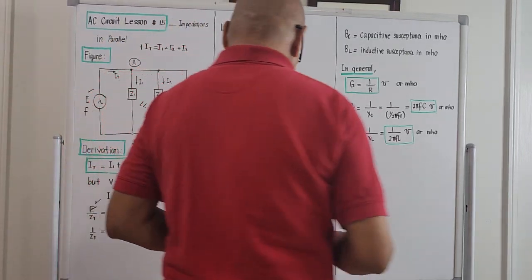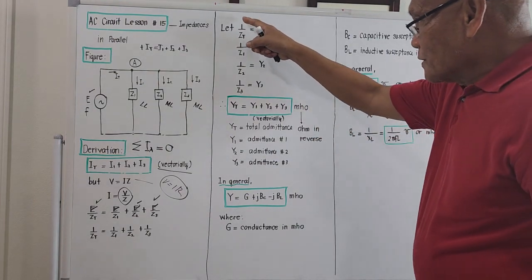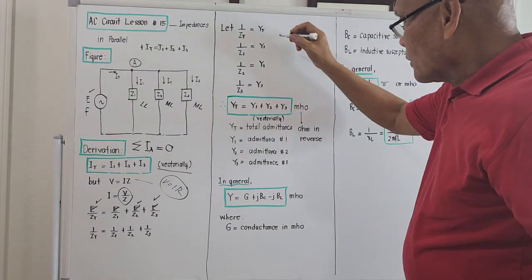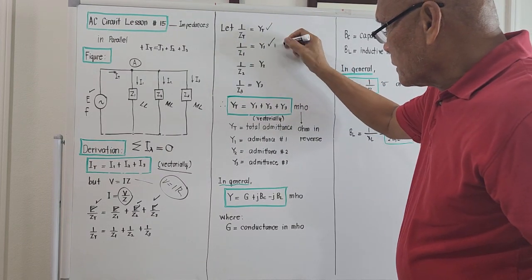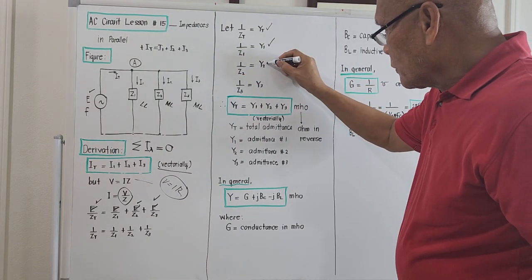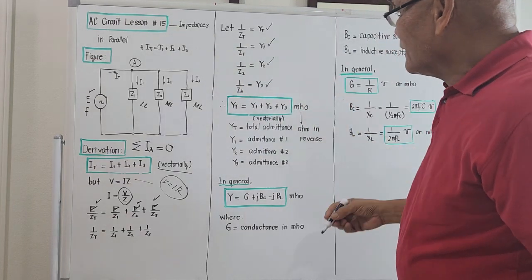Then there is an equation under AC circuits where 1 over Z total is equal to Y total, 1 over Z1 will be Y1, 1 over Z2 will be Y2, and 1 over Z3 will be Y3. And what is Y?